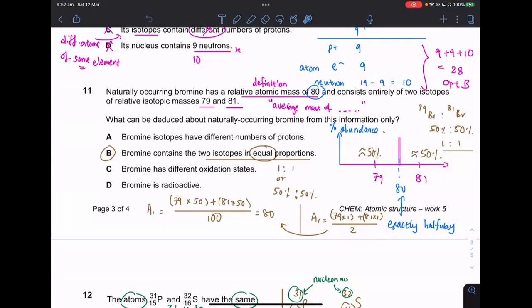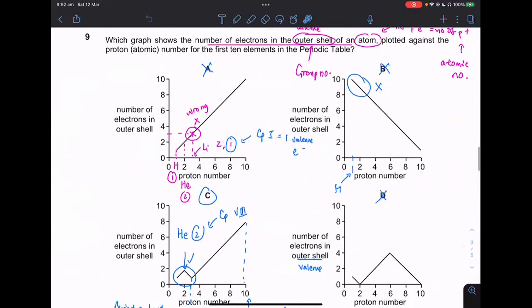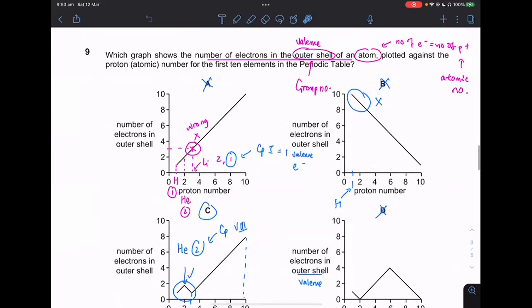No. Okay. I think there was one question in particular that was very badly done. A lot of you chose A, yeah? So that means a lot of you did not read the question on outer shell. That's quite a big issue. By year 9, you should be able to read. Some people think they can read, but when you get tricked easily by questions, you need to keep your eyes open.